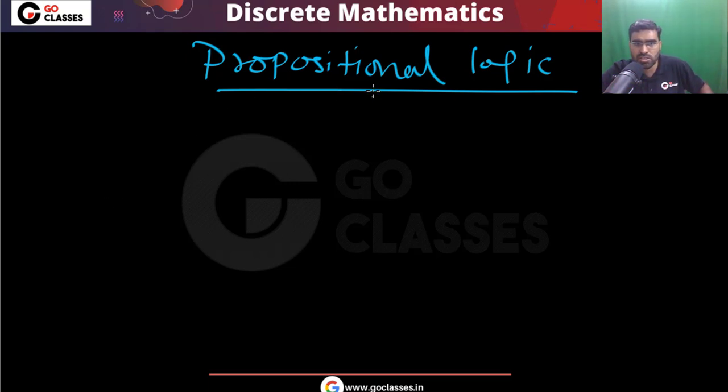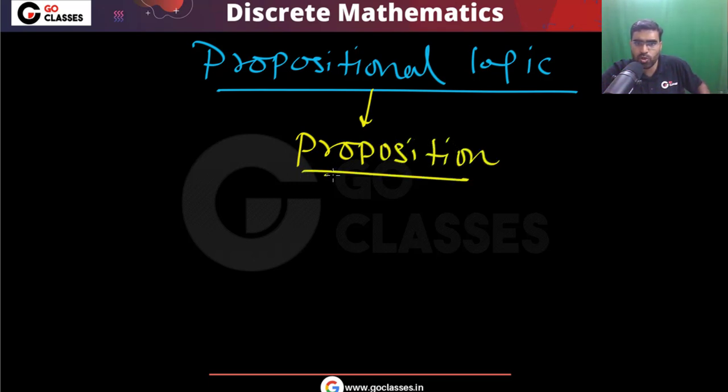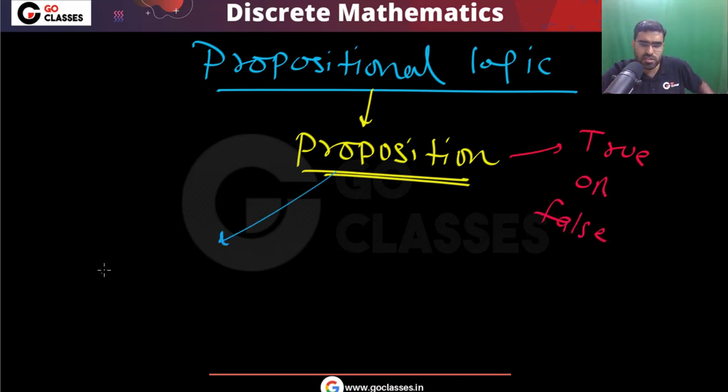So in this propositional logic, we study propositions, and a proposition is either true or false. One more thing: if this proposition is not true, then it simply means that it is false.